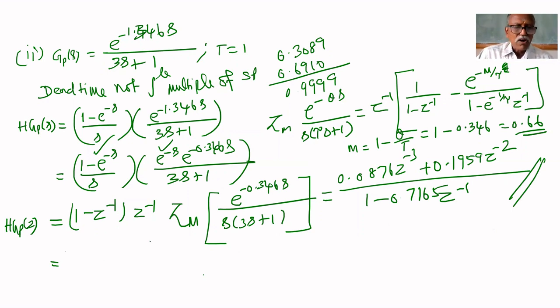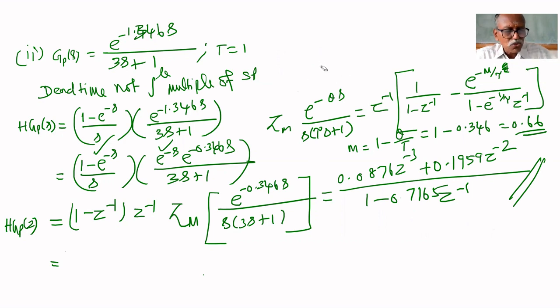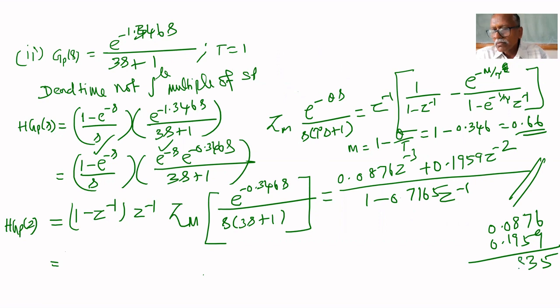So HGP of Z we got. But in the numerator, if you add these two together, you are not getting 1. What is the sum of these two? 0.0876 plus 0.1959 equals 0.2835.